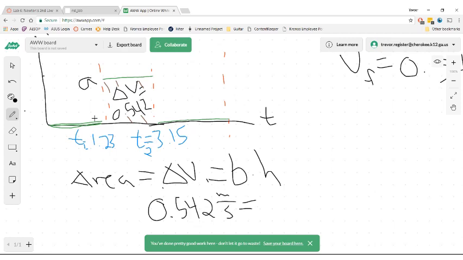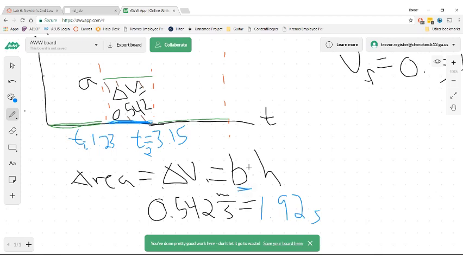My base is this line here in blue, but like last time, it's not 3.15, it's the gap in between 3.15 and 1.23. So I need to do 3.15 minus 1.23, and I get 1.92. Okay, that's my base.